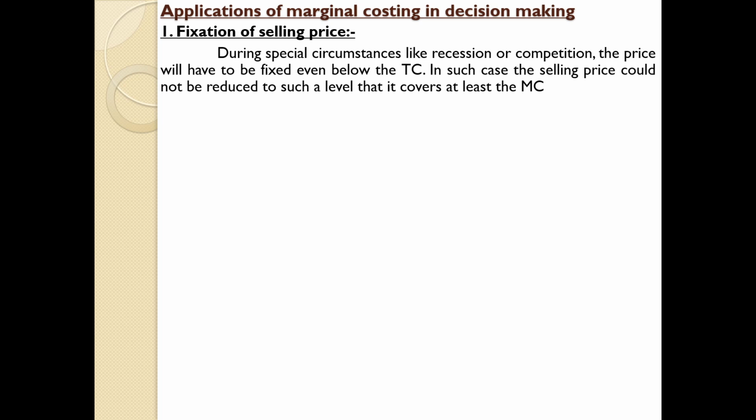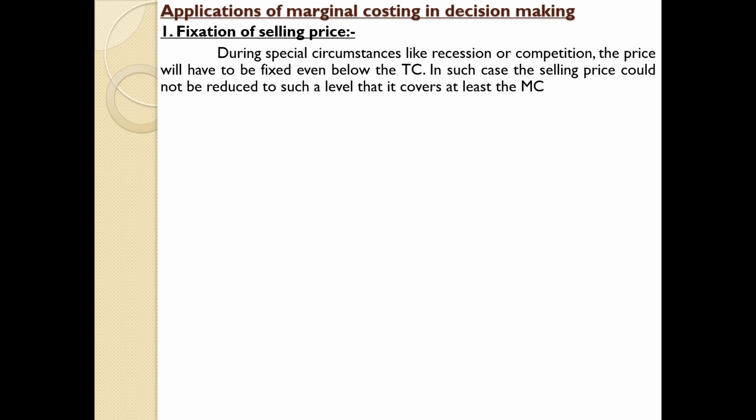But under special situations or circumstances, that is during business recession or severe competition, the management needs to take proper decisions, and during such situations marginal costing helps the organization in taking the proper decisions.